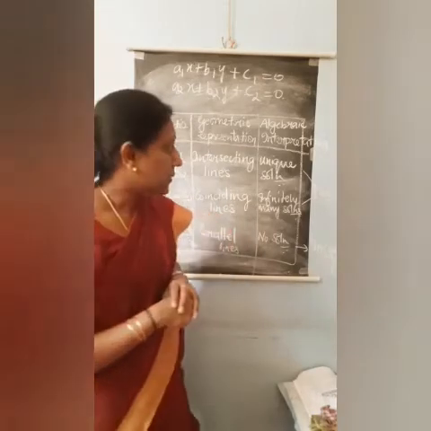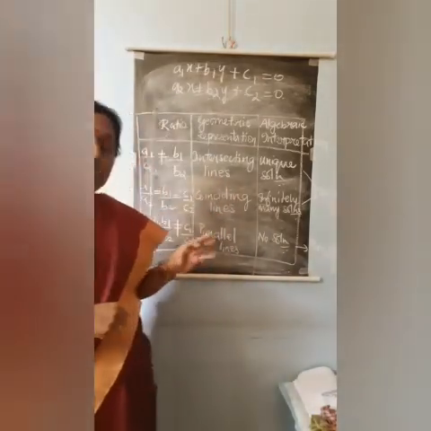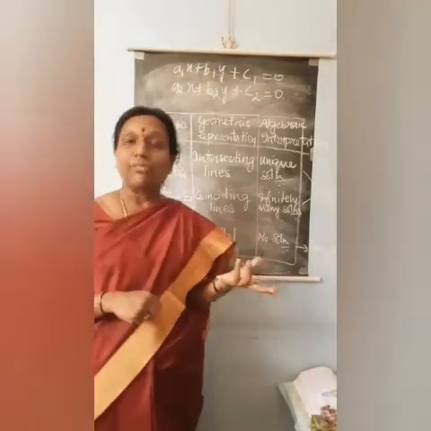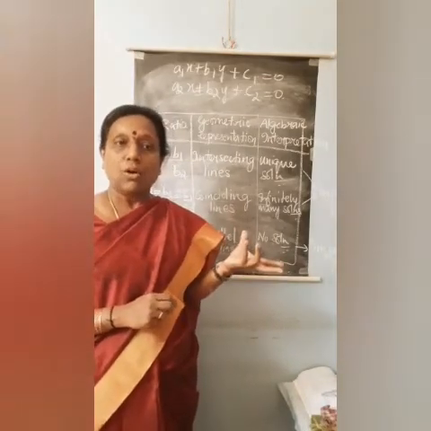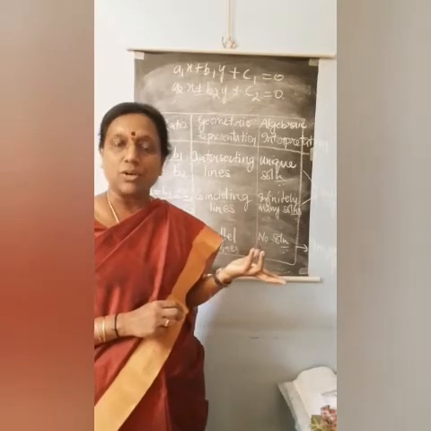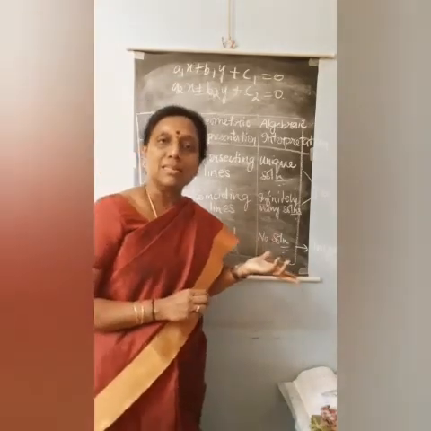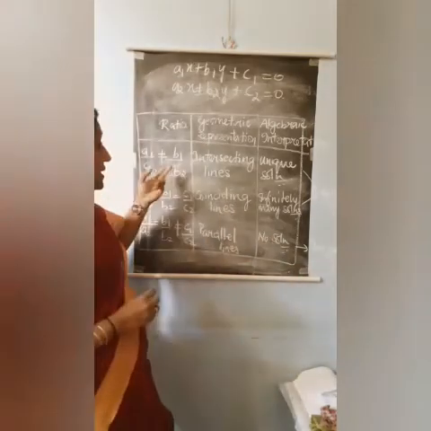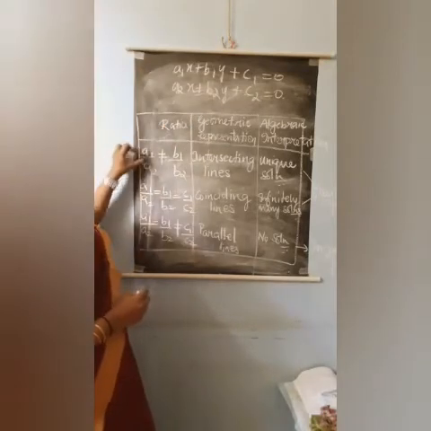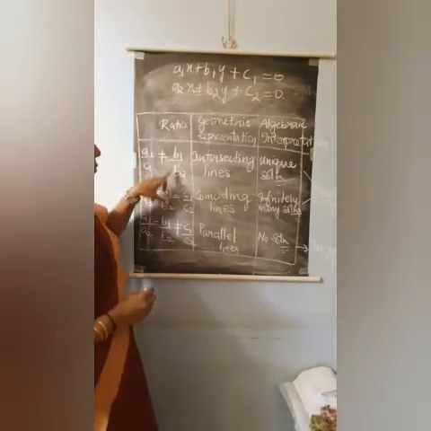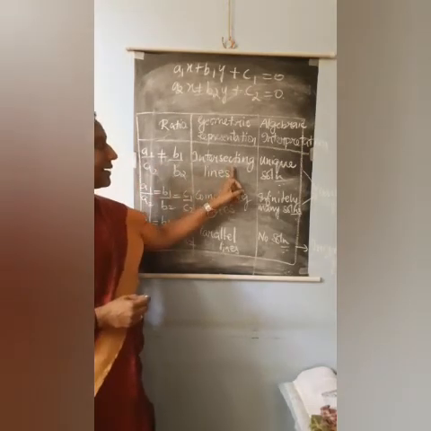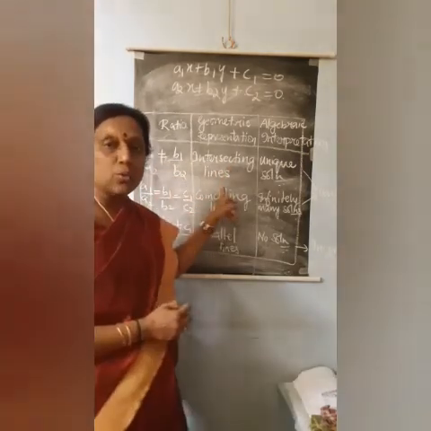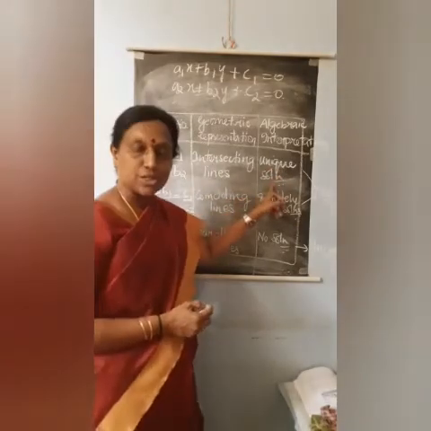Okay? Now, if we want to get what type of lines they are, we can compare the coefficients of x and y and the constant term to get the result. For example, if I compare a1 by a2 and b1 by b2, if they are not equal, I find that they are intersecting lines with unique solution.